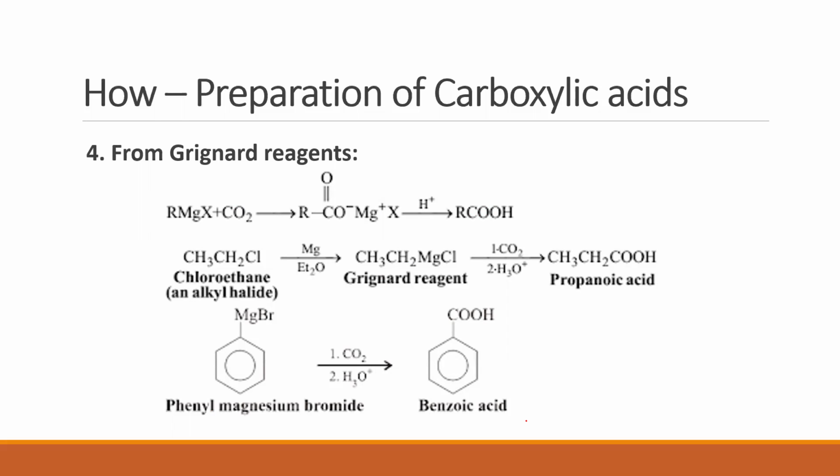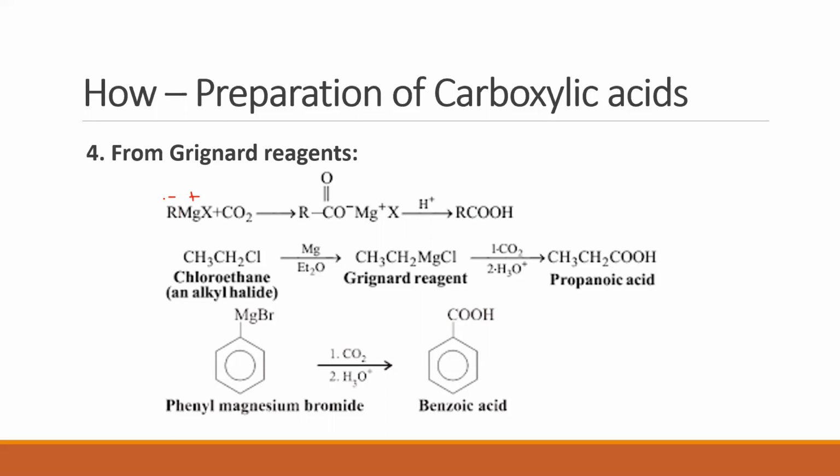Coming to how it is prepared. A Grignard reagent is made to react with carbon dioxide. Is made to react with whom? Is made to react with carbon dioxide. Now, let us understand the polarities here. We already know the polarities. This is partially negative. Magnesium is partially positive.